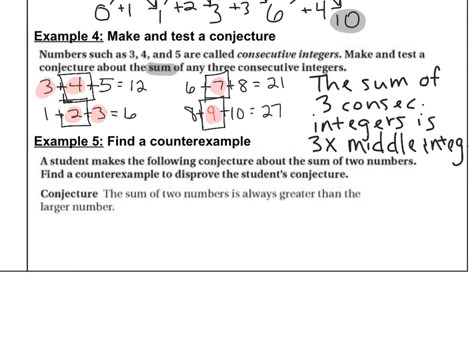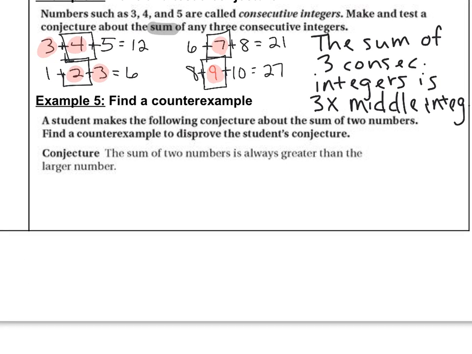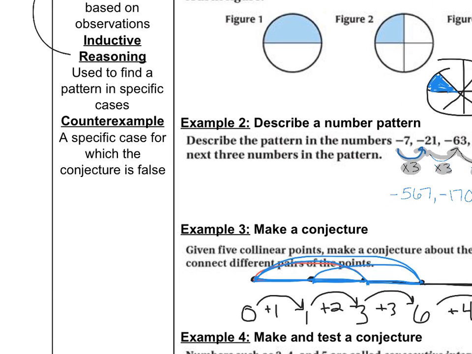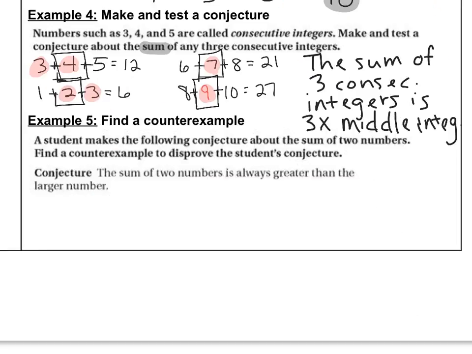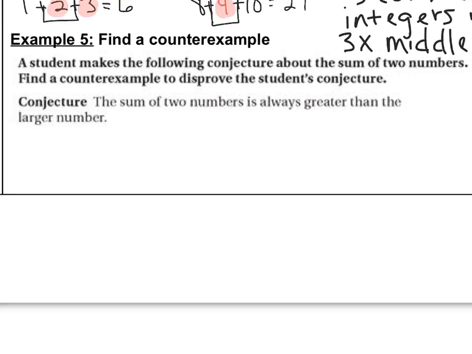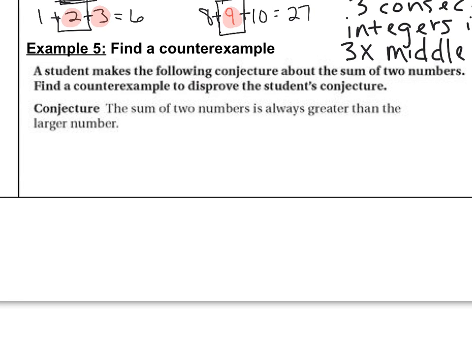Okay, and then the last one. A counterexample, remember, is a specific case for which the conjecture is false. So a student makes the following conjecture about the sum of 2 numbers; find a counterexample to disprove the student's conjecture.